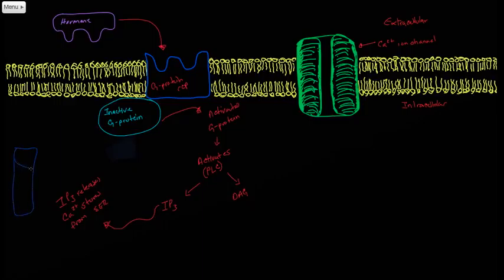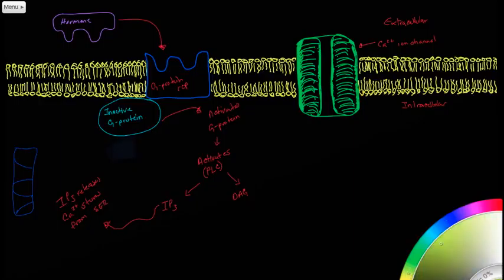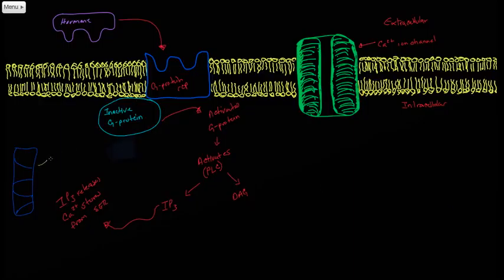Here we have our smooth endoplasmic reticulum, and the IP3 causes the release of the calcium ions. The calcium ions are then able to travel and bind the DAG. So they interact with the DAG.